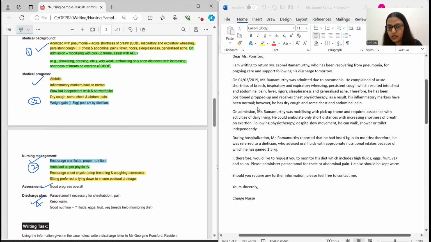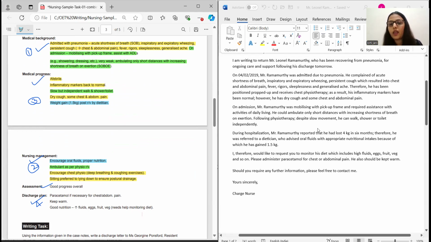Now about the mobility. On admission, Mr. Ramamurthy was mobilizing with pickup frame and required assistance with activities of daily living. He could ambulate only short distances with increasing shortness of breath on exertion. Following physiotherapy, despite slow movement, he can walk, shower, or toilet independently.